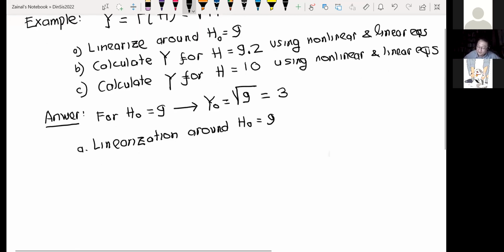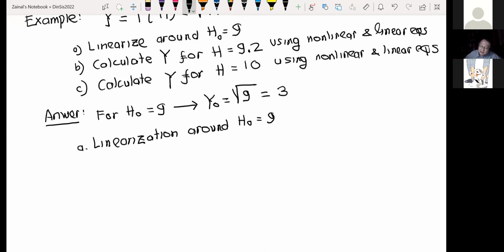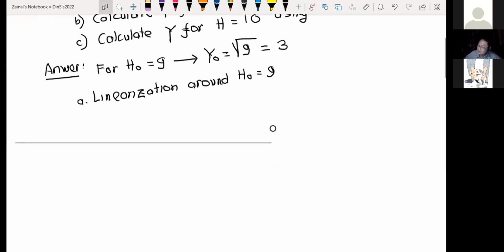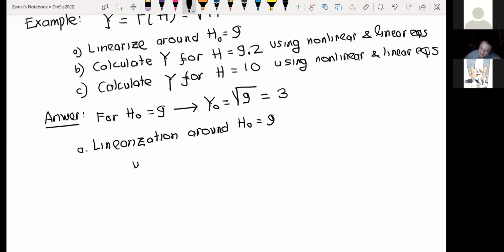Okay, so what we have here is y is equal to df/dx, right? Evaluated at x0, multiplied by h, right?